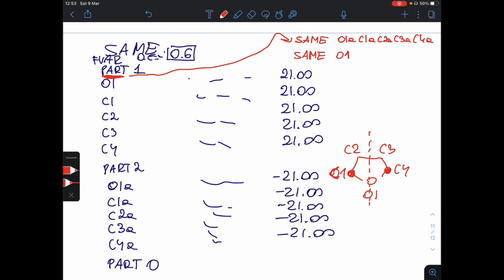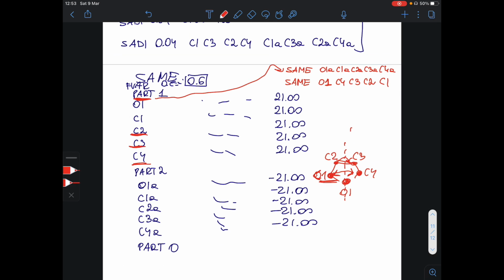O1 stays the same because it's related to itself, but C1 is related by internal symmetry to C4, so I write C4. C2 is related by internal symmetry to C3, so I write C3. C3 is related by internal symmetry to C2, so I write C2, and C4 is related by its internal symmetry to C1, so I write C1.